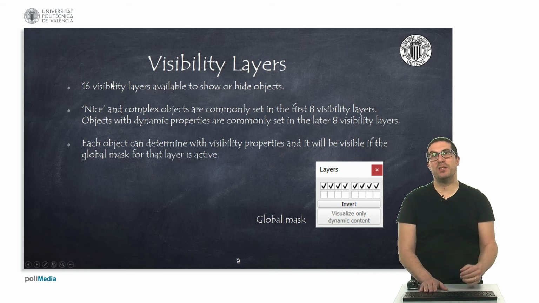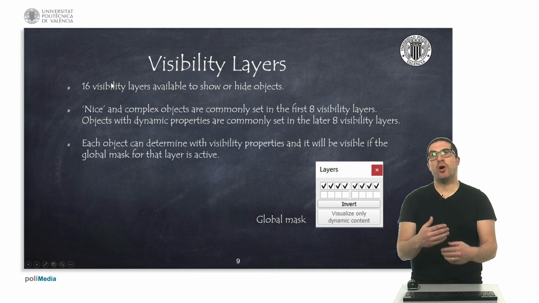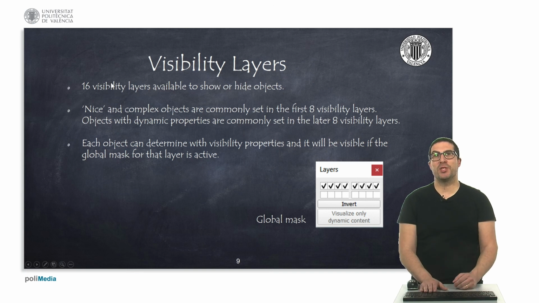The first 8 layers are usually used to show nice objects, which are usually more complex objects such as meshes or convex objects, and they are used by the graphic engine, which is in charge of displaying them in our simulation.